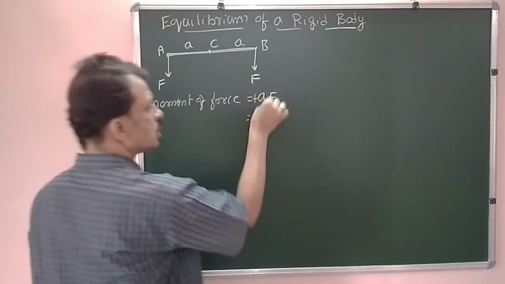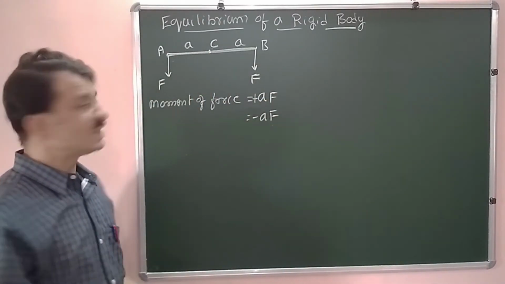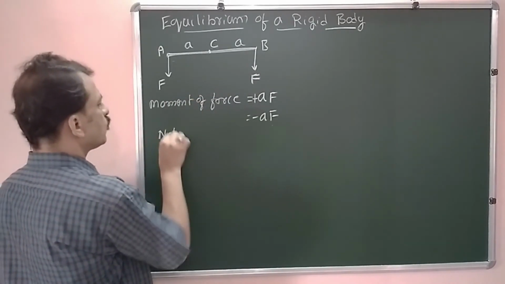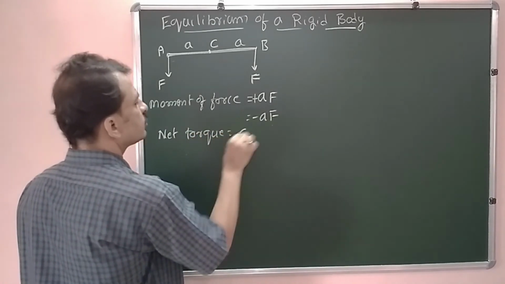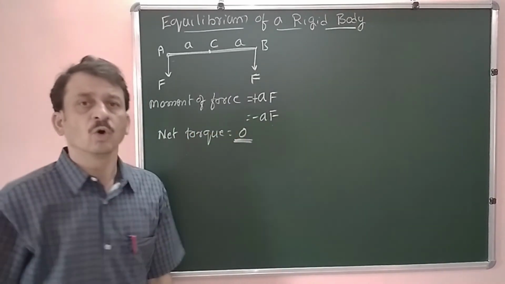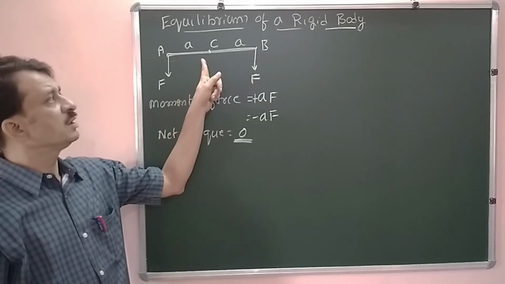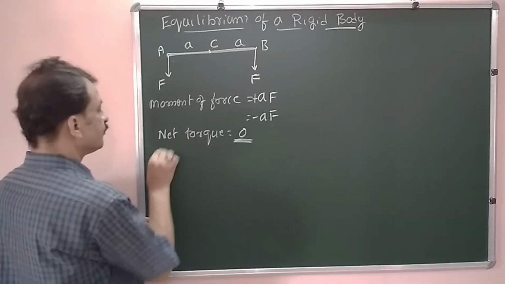Therefore, these two are the moments of force acting at the point C due to the two forces. Then what is the net moment of force or net torque? The sum of these two is 0. That means this rod is in rotational equilibrium.